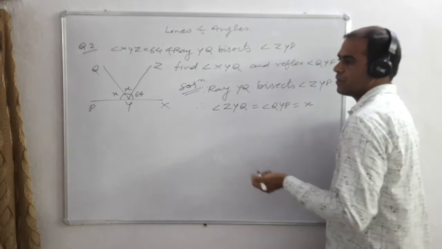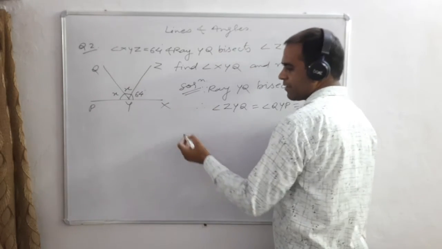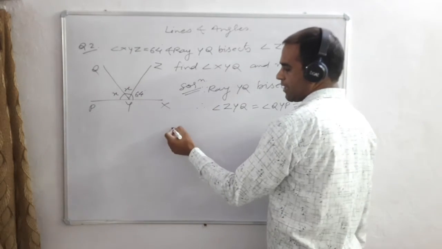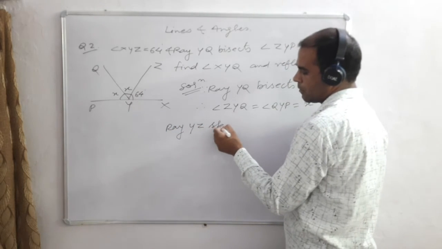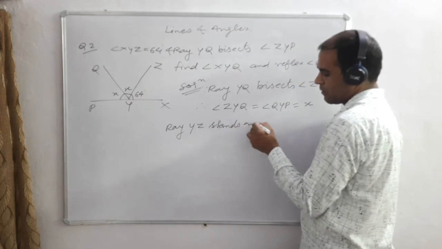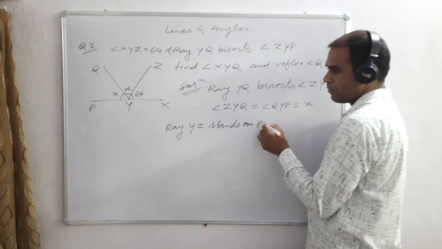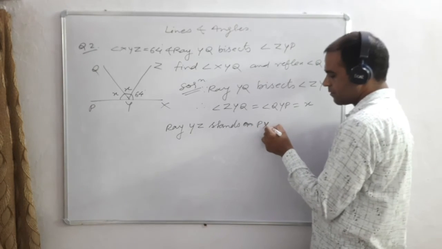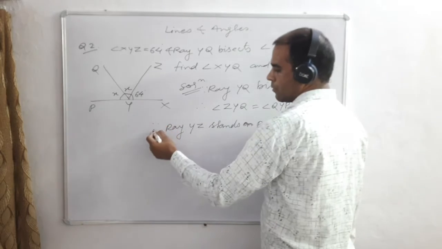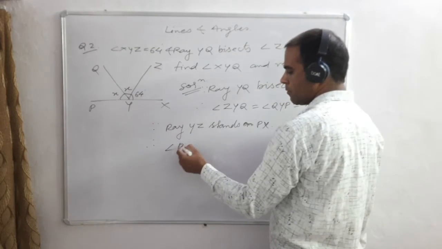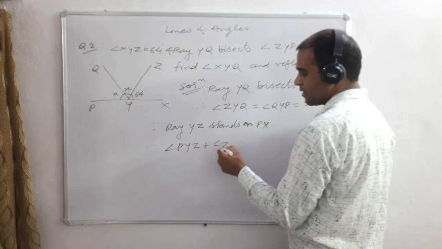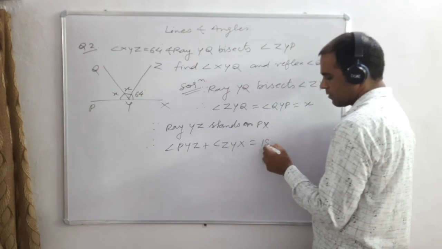Next, we apply the linear pair. Ray YZ stands on PX. Therefore, angle PYZ plus ZYX equals 180.